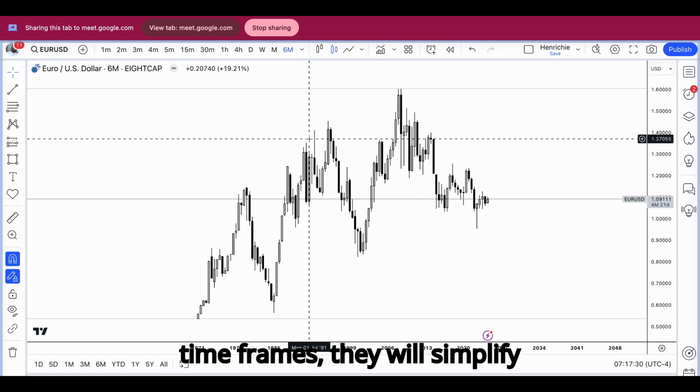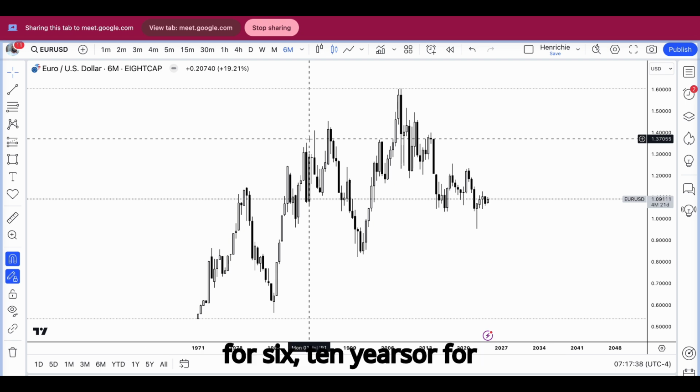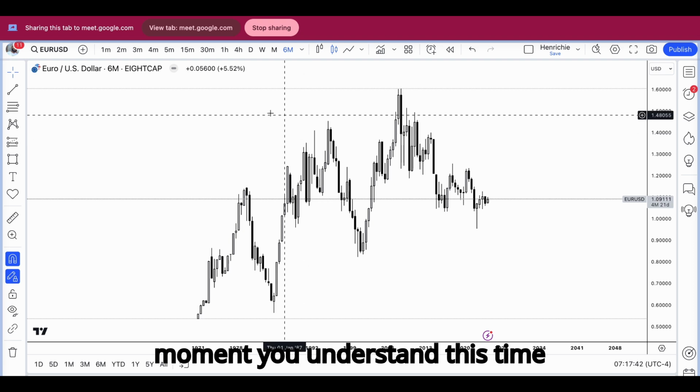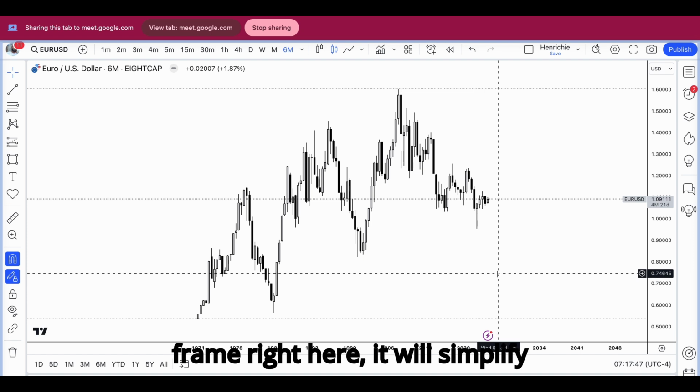These two time frames will simplify directional bias. I don't care whether you've been trading for 10 years, or 1 year, or 1 month. The moment you understand this time frame, it will simplify how to derive overall bias.